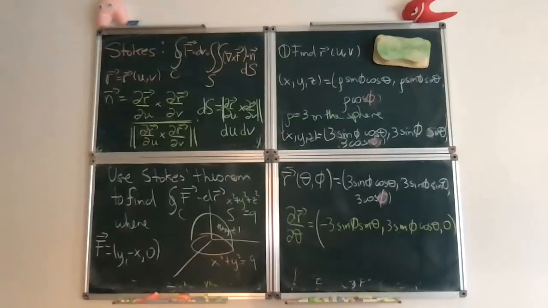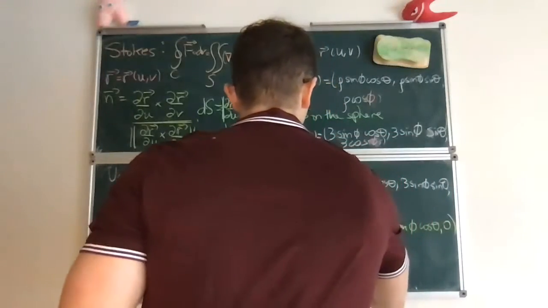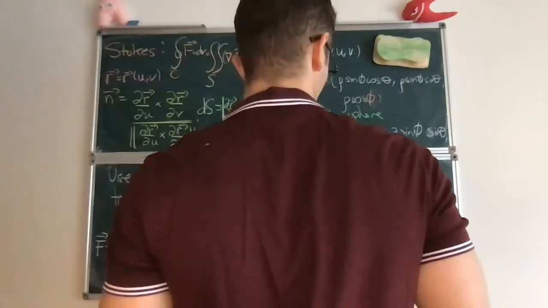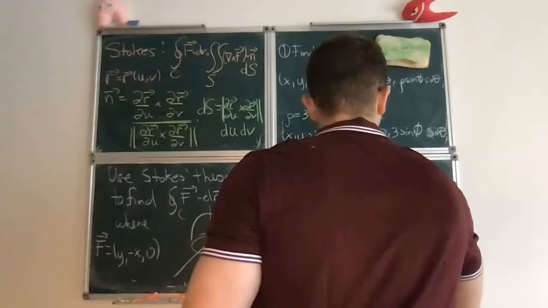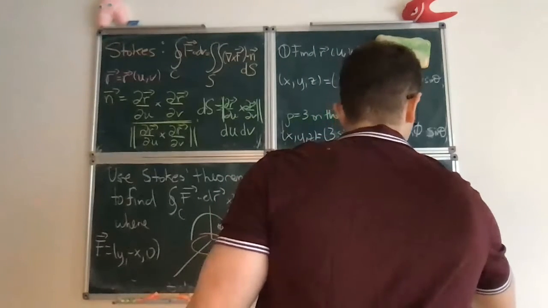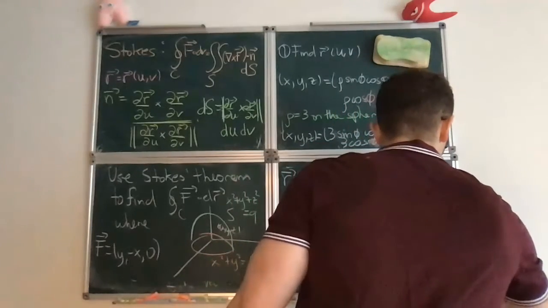And then the partial derivative of r with respect to phi equals 3 cosine of phi cosine of theta, 3 cosine of phi sine of theta, and then minus 3 sine of phi.